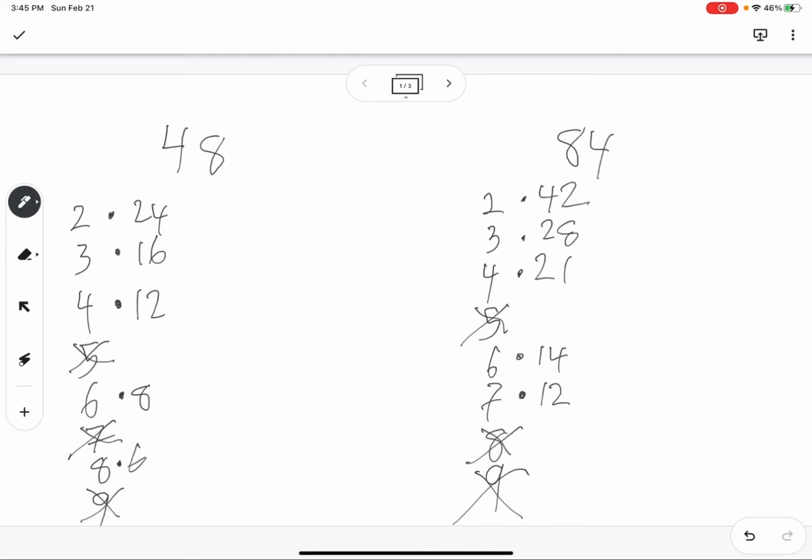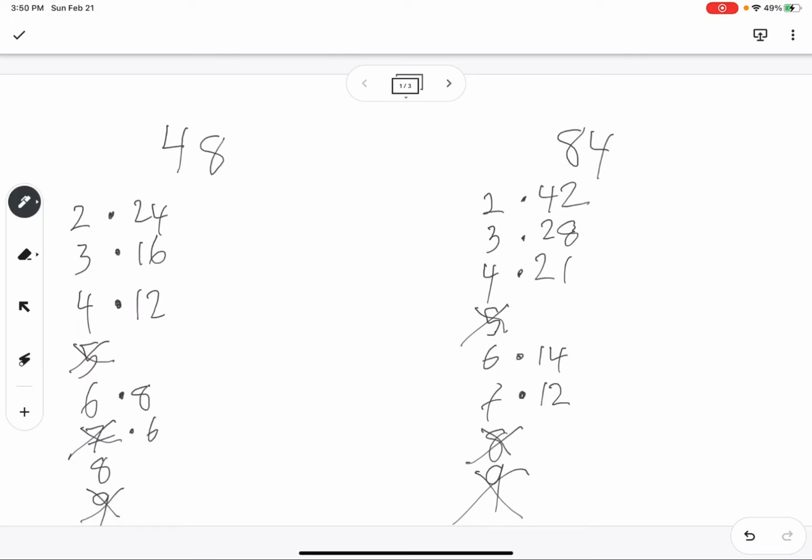Now look at all the factors that we have for 84. 42 goes into 84. 2 goes into 84. 3 goes into 84. 28 goes into 84. 21, 4, 14, 6, 7, 12. All of these numbers are factors of 84, meaning that they can be divided into 84 without any remainders.